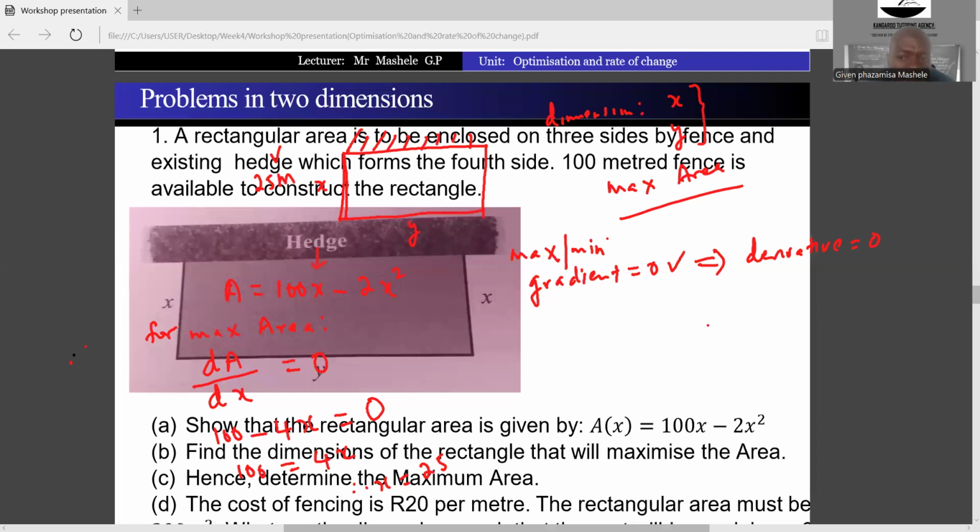And how about the y? How do we actually determine this y? Because this function is not a function of y, it's a function of x, and we want to maximize the area. We know that y equals 100 minus 2x.